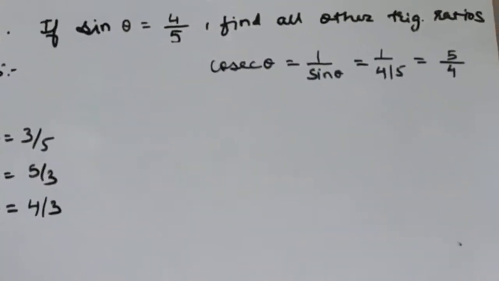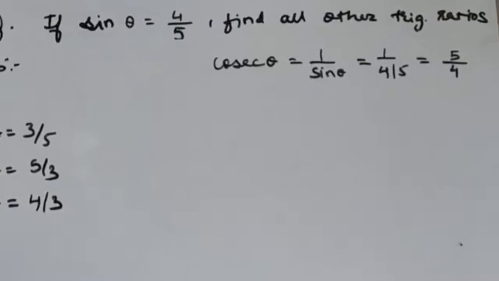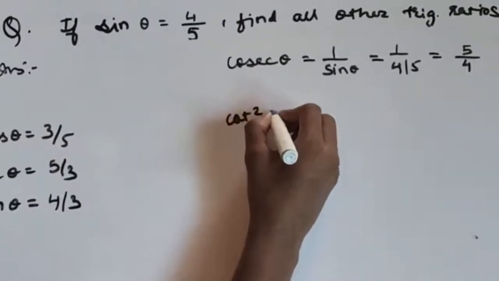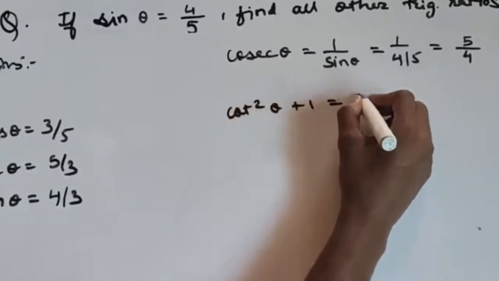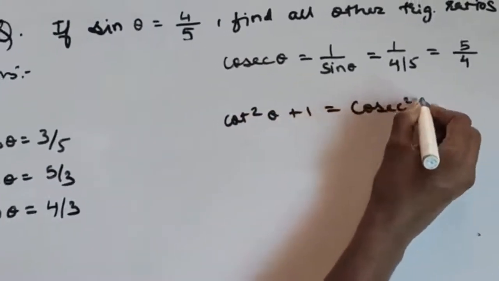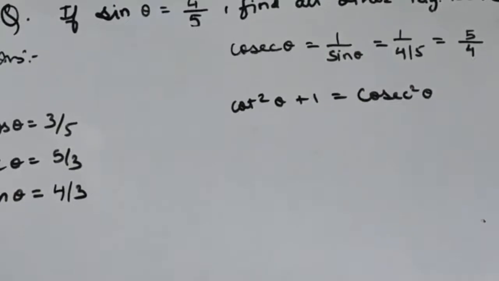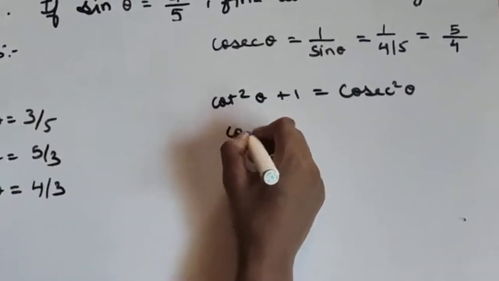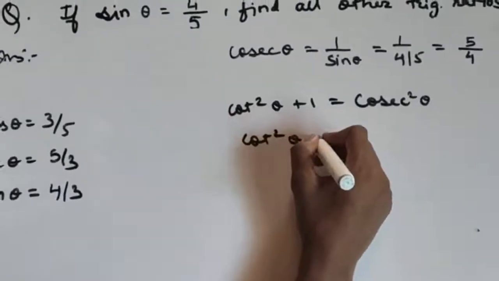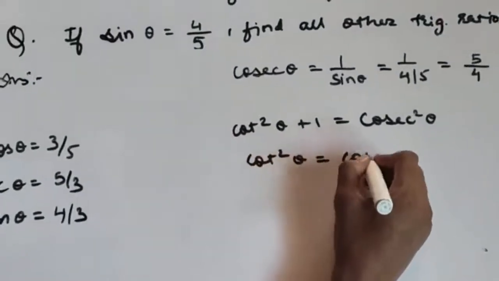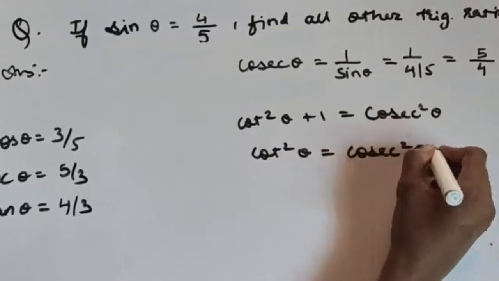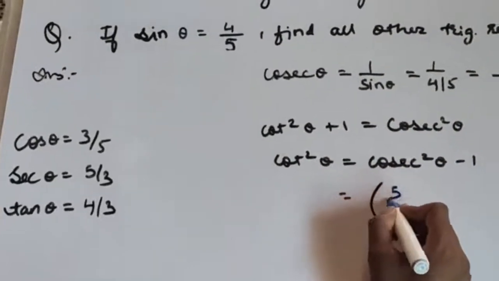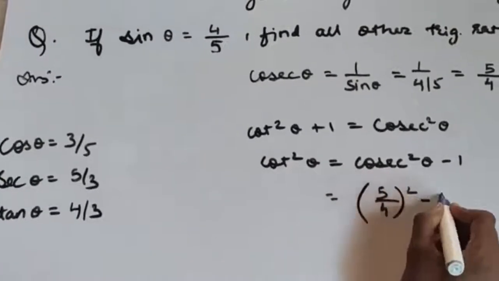So we know one identity which says that cot square theta plus 1 is equal to cosec square theta. So we have to find cot square theta. By rearranging this, we get cot square theta as cosec square theta minus 1. So here cosec square is 5 by 4 square minus 1.